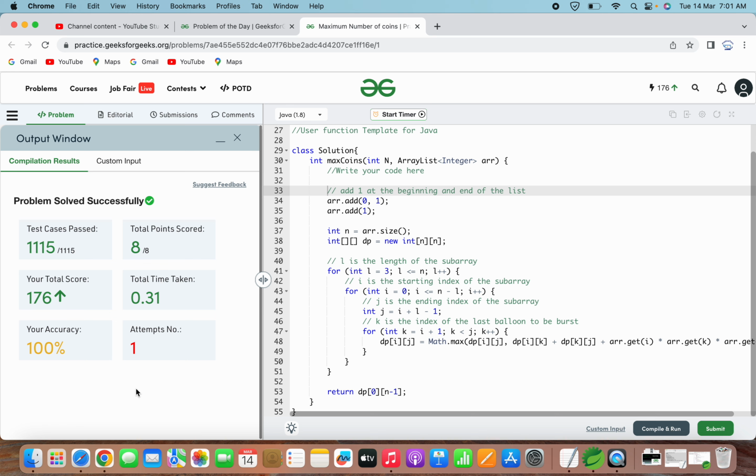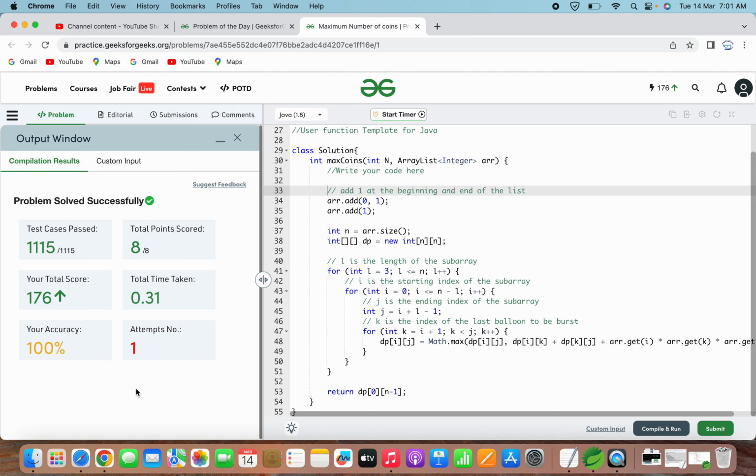Talking about the time complexity of the given solution, it is in the order of big O of n cube, where n is the length of the input array list. The outermost loop iterates n minus 2 times, the middle loop iterates n minus l plus 1 times, and the inner loop iterates j minus i minus 1 times, that is the kth loop.